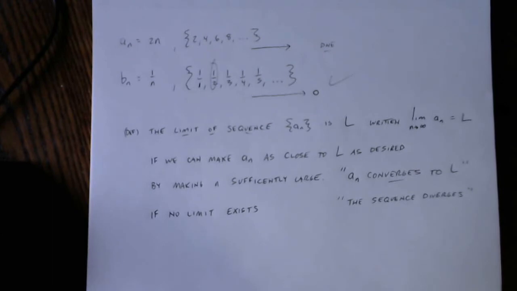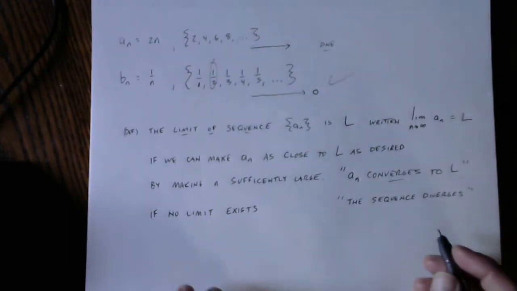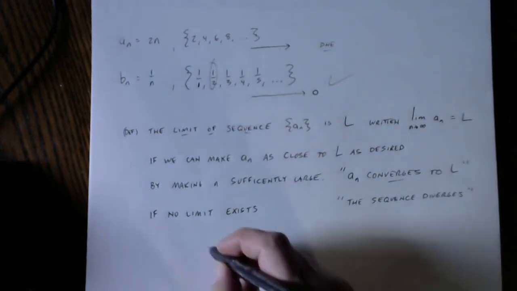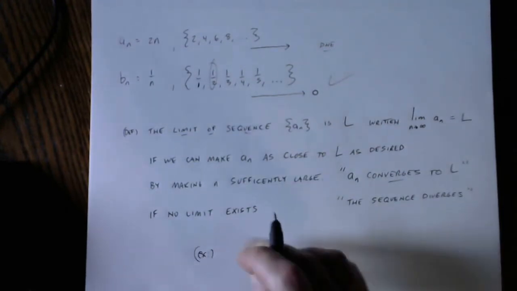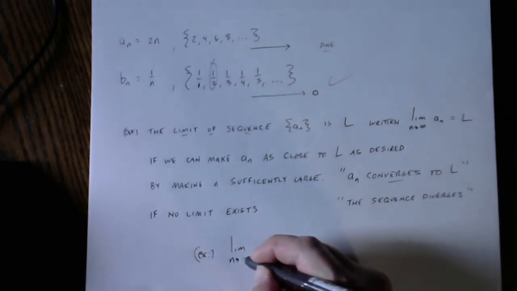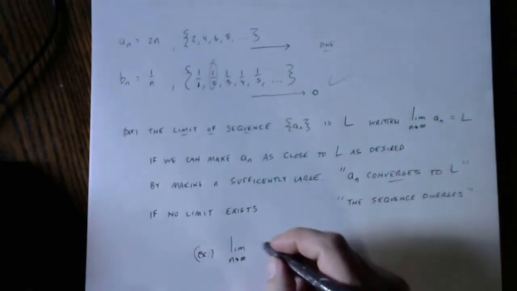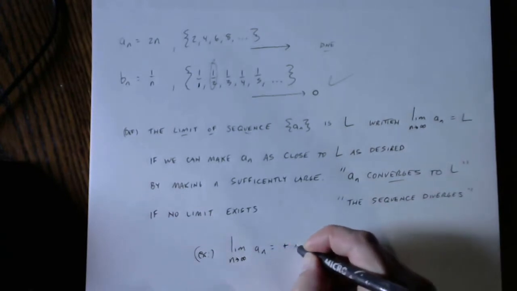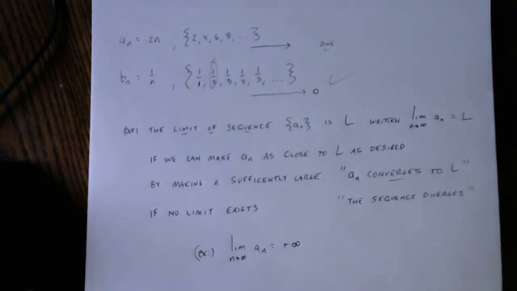So it doesn't always, this is an example, this isn't the only way a sequence will diverge, but this is common and applicable to this example. We can say that it goes to infinity. Now you can have sequences that don't have a limit that don't necessarily go to infinity as well.